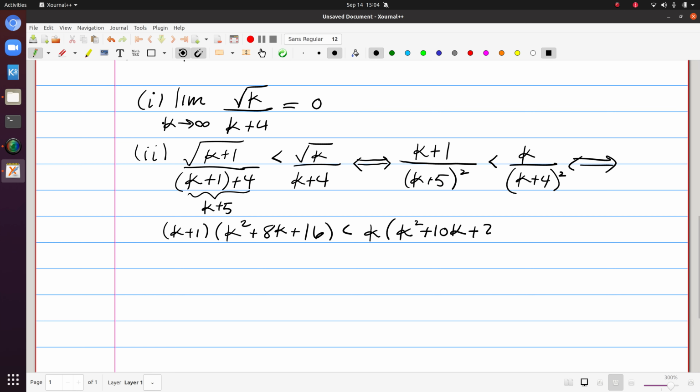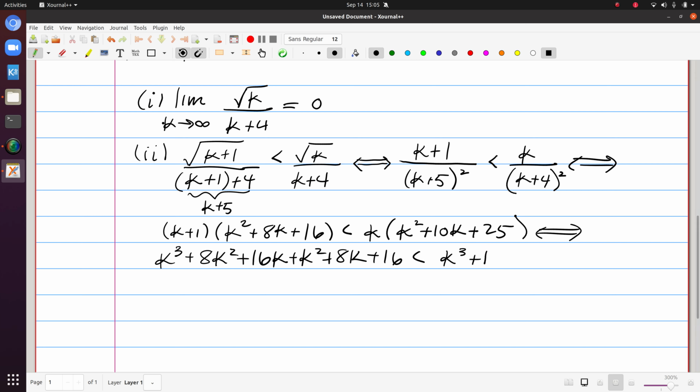And now we can see that this is going to be equivalent to, let's multiply this out, k cubed plus 8k squared plus 16k plus k squared plus 8k plus 16. And we want to see if that's smaller than k cubed plus 10k squared plus 25k. So I'd like to combine like terms. One thing I can do is cancel the k cubed that's on both sides.